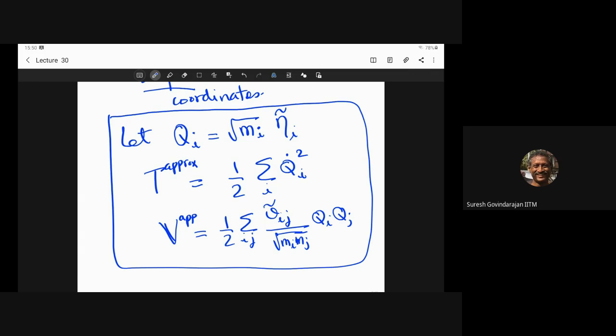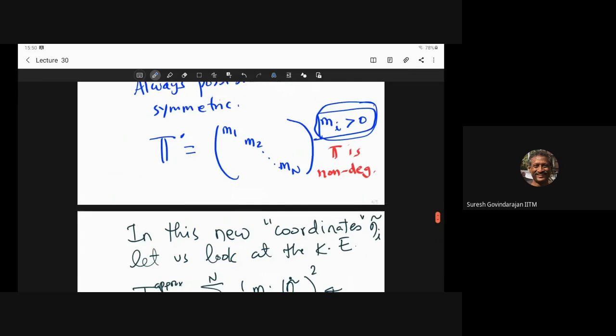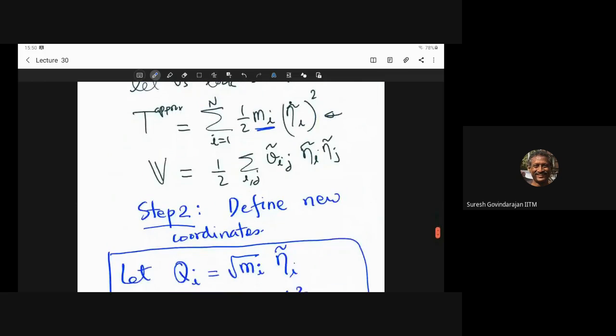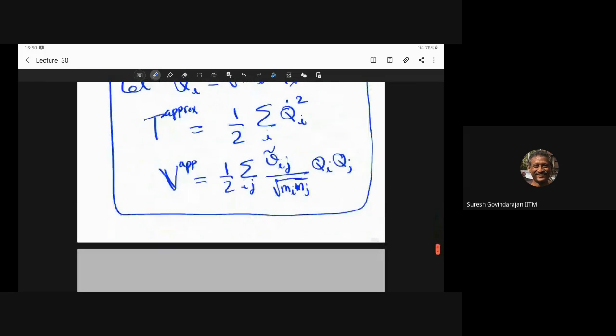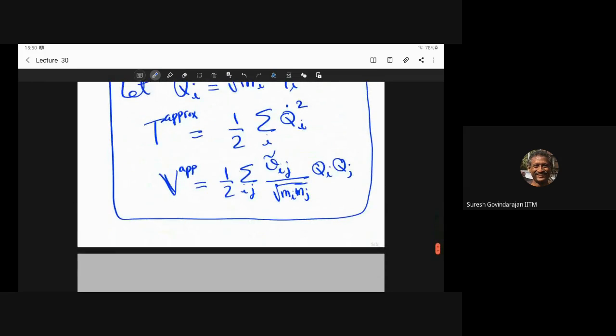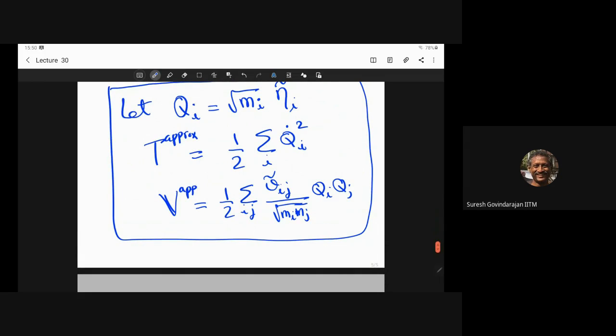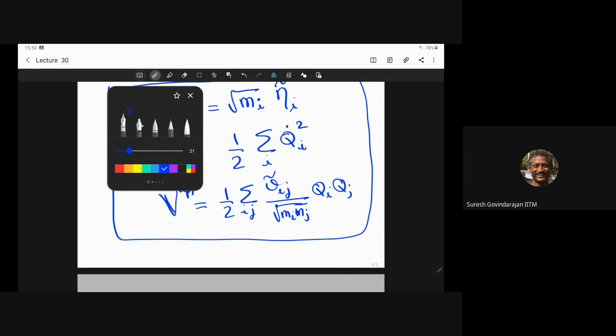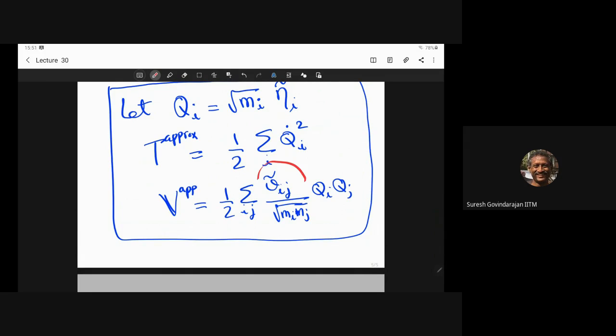So we made two steps. First step, we made T become diagonal. Second step is we did some rescaling of the coordinates. Good news here is that, let's look at this term. It is symmetric, right? Do you see that it is symmetric? It still remains symmetric. Why did we use this rescaling?